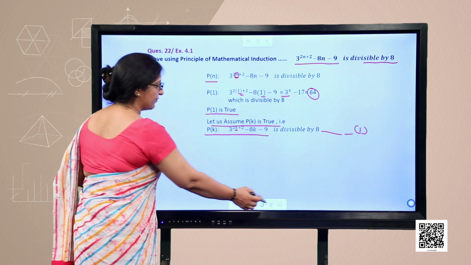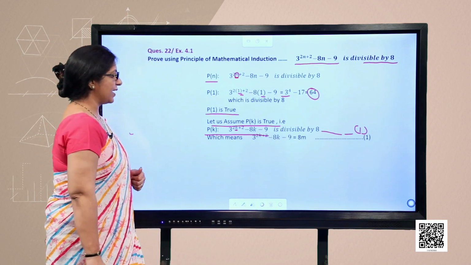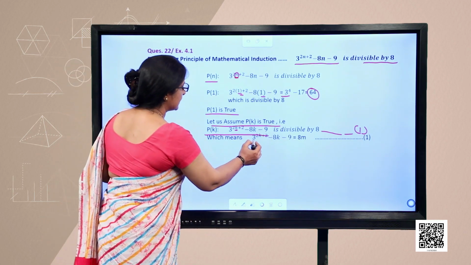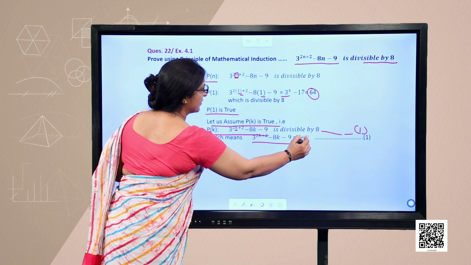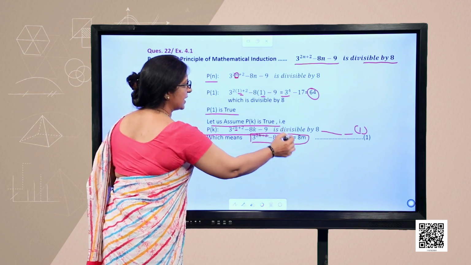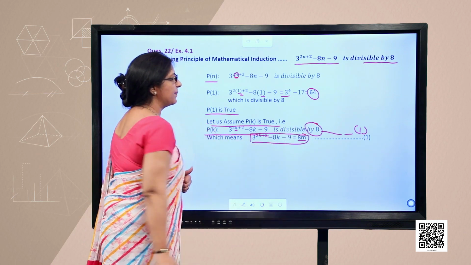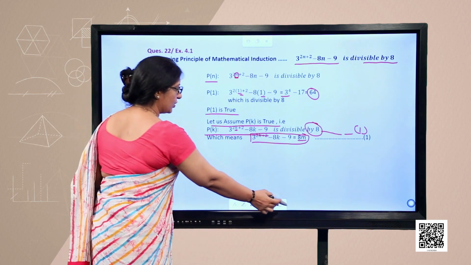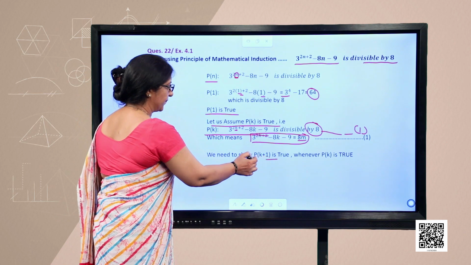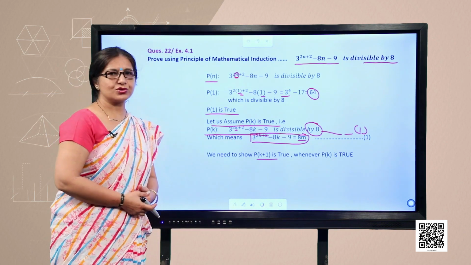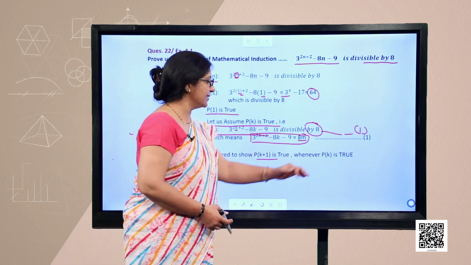Then we shall show it for Pk plus 1. This is the statement. We have written it as Pk equals 8m because we have proved that this is divisible by 8. Now, moving on to Pk plus 1, we need to show that this is true whenever Pk is true.